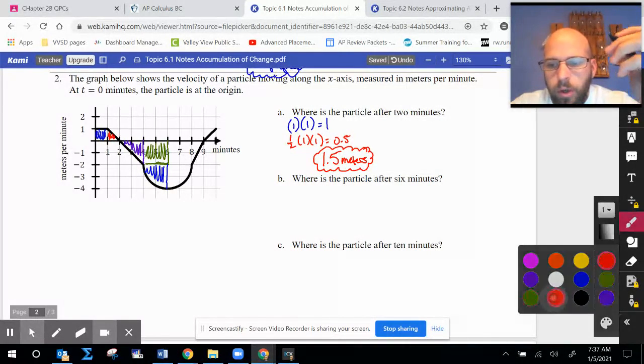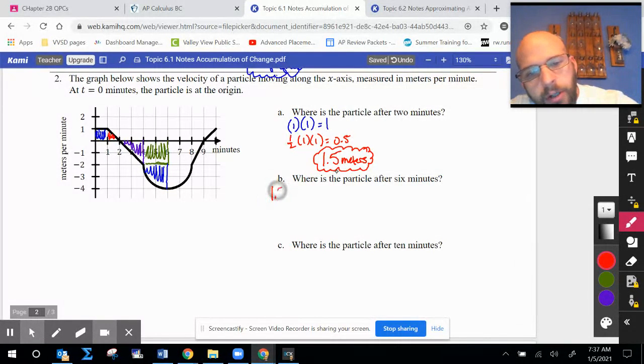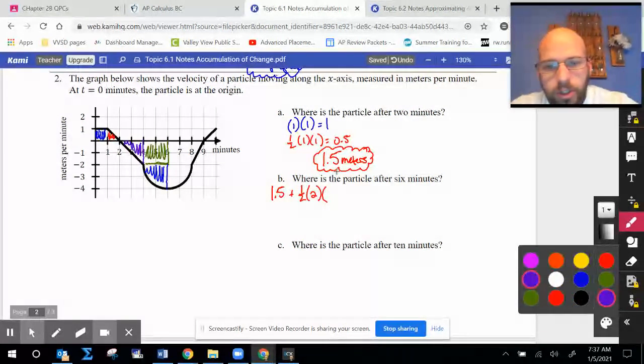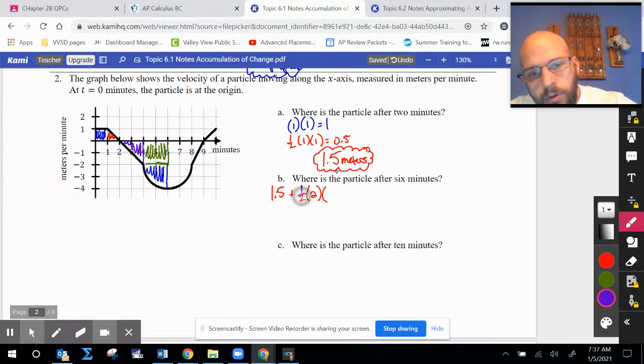So let's take the 1.5 from the previous part, and then we're going to add a 1/2, the base, which is 2, the height. So I'm doing the purple one right now. Maybe I should do this in purple. 2, and then the height is -2.